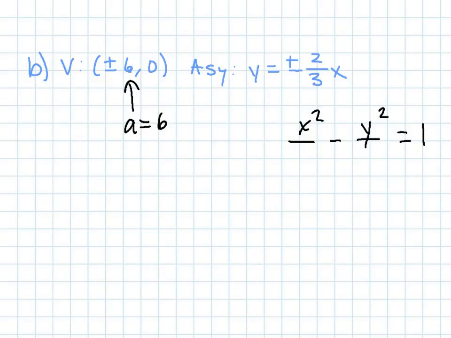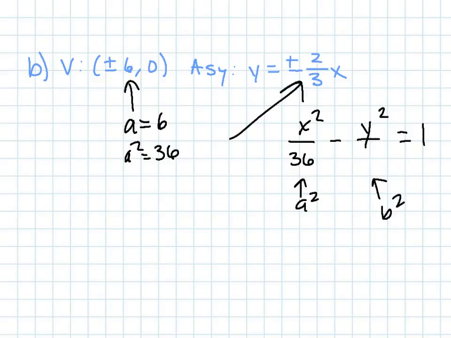Then a squared is 36, so I'll throw that in, because that's where a squared should go. Now I need to find my b squared, which should go under the y squared. I need to look at my asymptote formulas to determine which number should be my value. Because of how it's set up, asymptotes for hyperbolas that open left and right are going to be b over a.